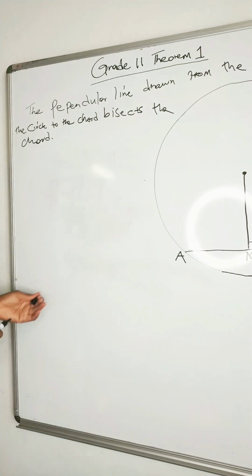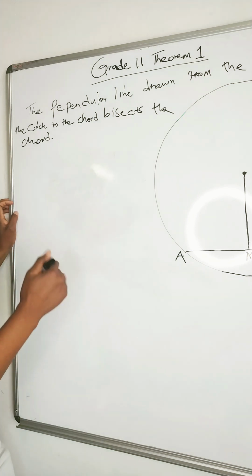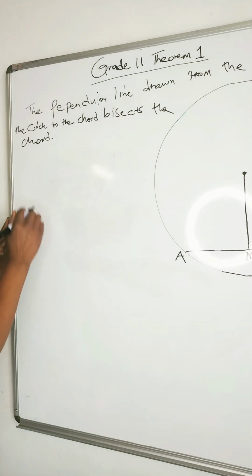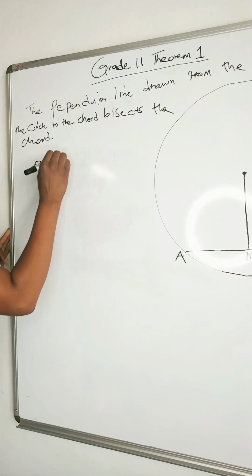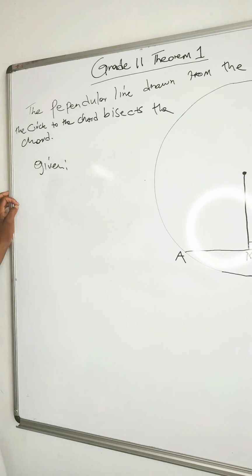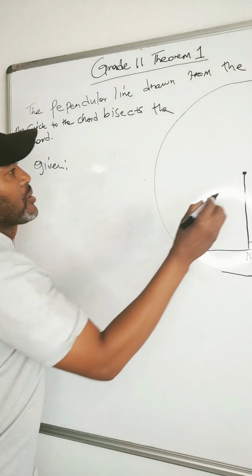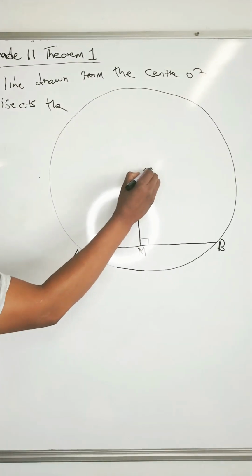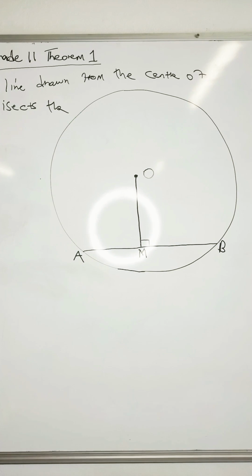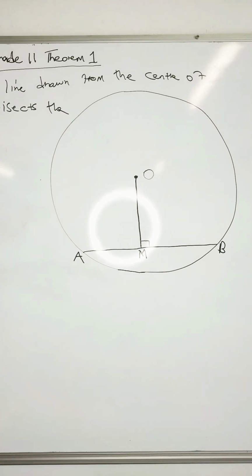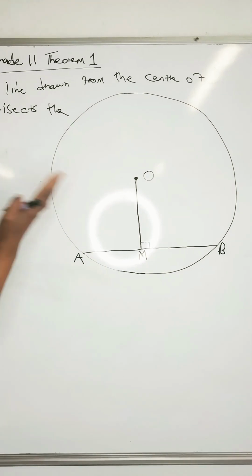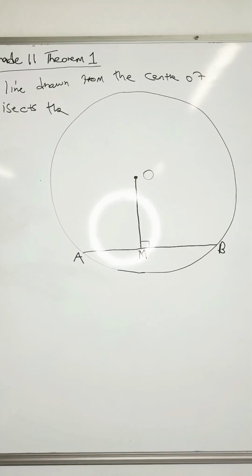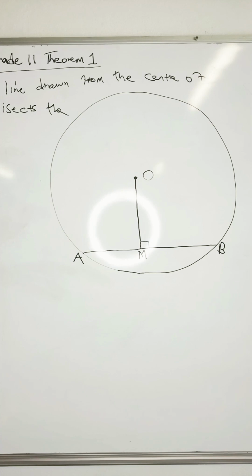So now if you are proving such a theorem, what must you do? You should start with a given statement. Let's name again our center O. So we start with a given statement. You need to explain what you have been given here.